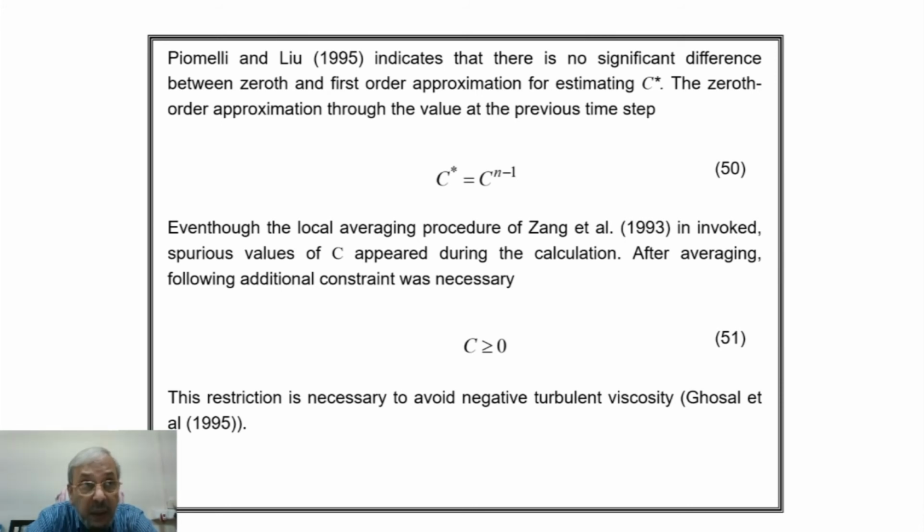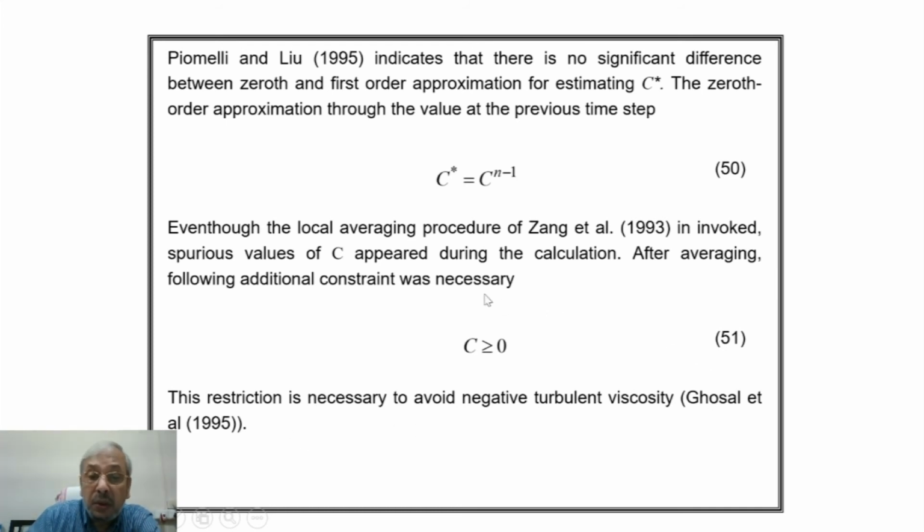And even after local averaging, if there is any negative C value, that can be restricted by applying this limiter, which was very scientifically done by Ghoshal et al. Ghoshal, Axelwall, Moine, it was a famous JFM paper.